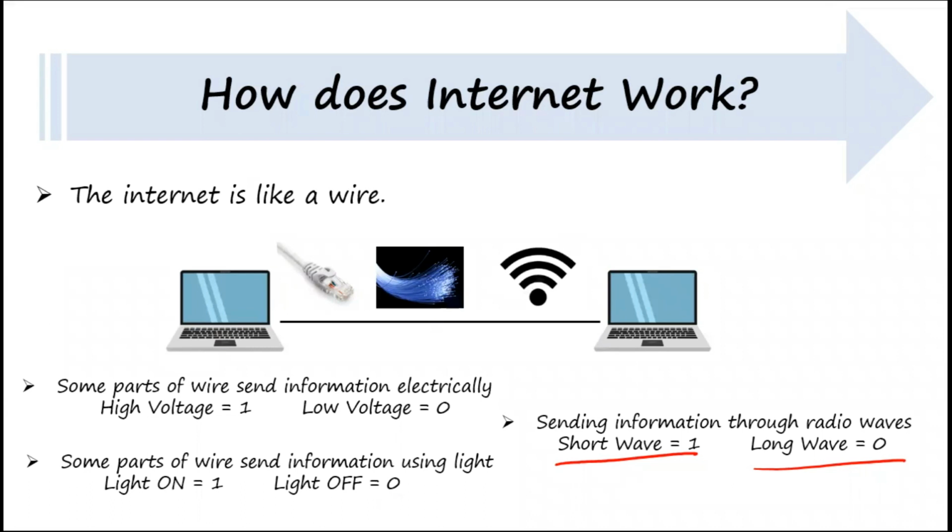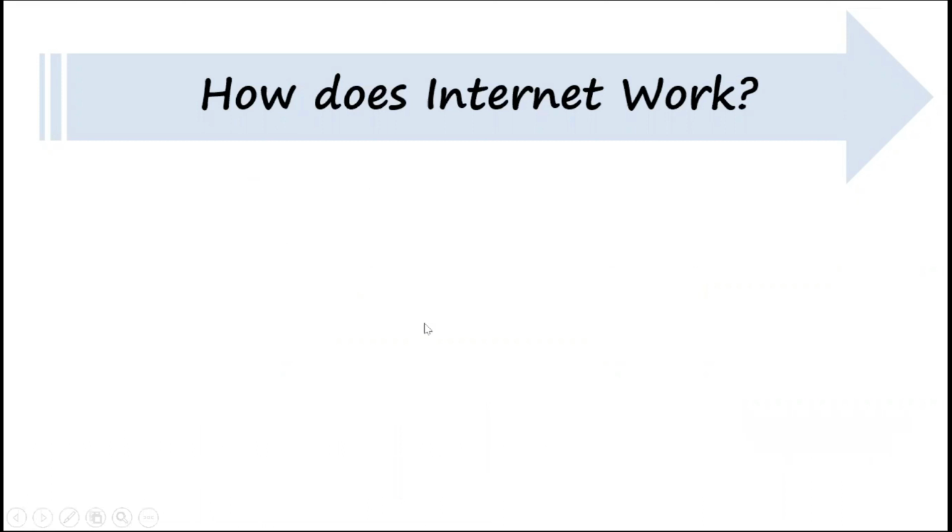So let's move ahead. The major point over here is that the internet records every information in zeros and ones, even the electric signals, even the light signals, even the radio wave signals. And we are constantly trying to find better and better ways to transmit information in forms of ones and zeros. But the founding principle remains the same. What is the founding principle?